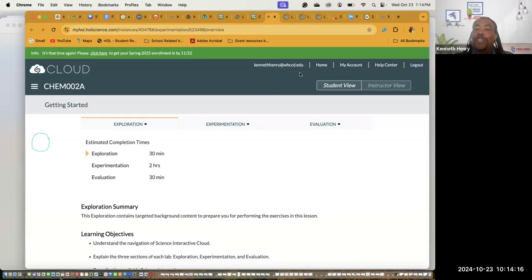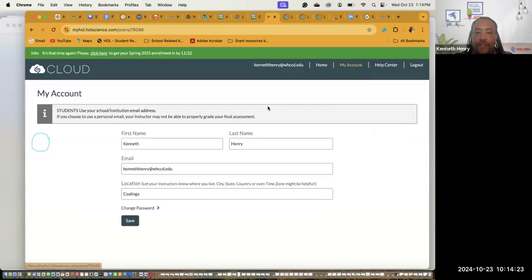Okay, so now what you're going to do is go up to the top, and then go where it says My Account. Then you're going to enter your information, enter your location, and save that.